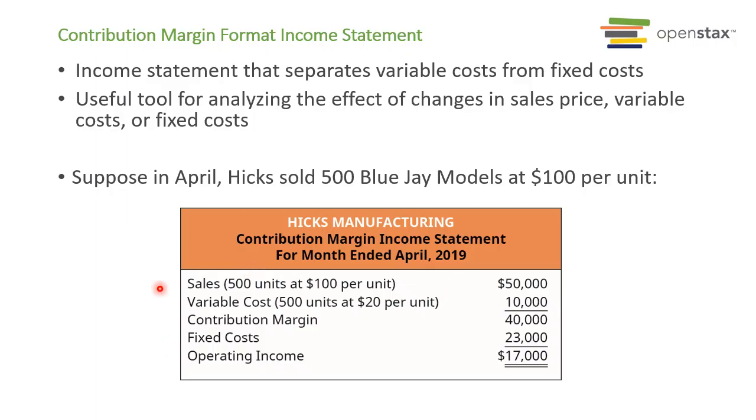And you can see here that we can do the total by multiplying units times price for sales, units times variable cost for variable cost. I could put next to contribution margin 500 units at $80 per unit.